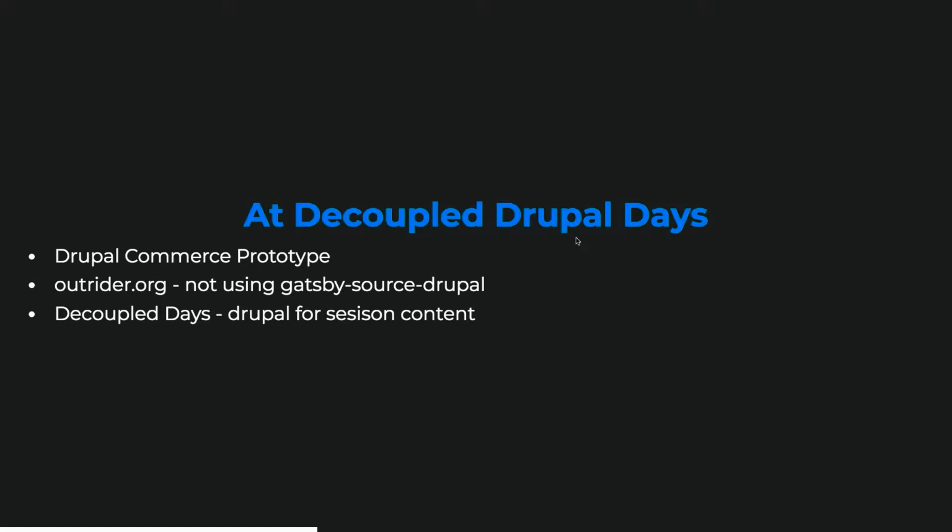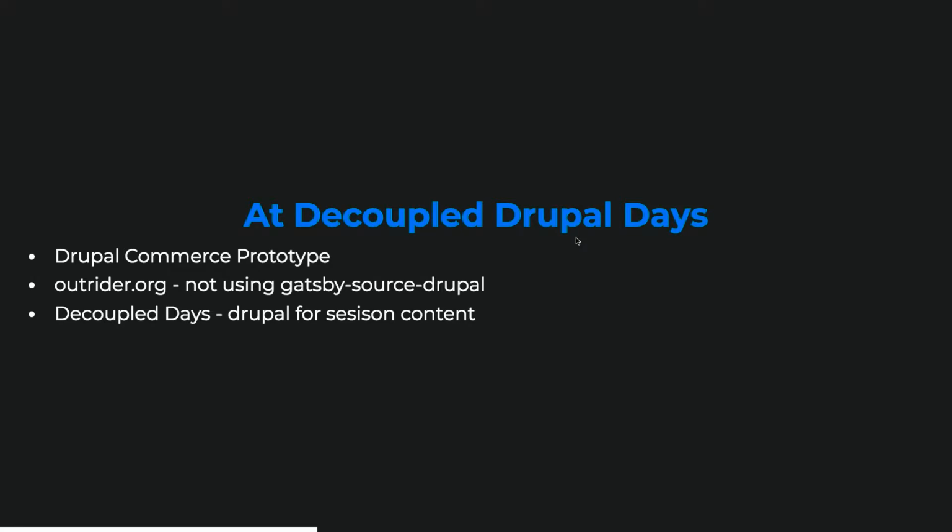Matt this morning showed a prototype where he's using Drupal Commerce along with Gatsby. In one of the talks yesterday, I think on progressively decoupled use cases, there's this outrider.org site, which is a beautiful looking Gatsby site. It isn't using the Gatsby-Source-Drupal plugin.